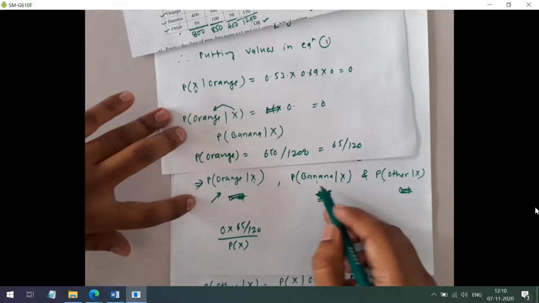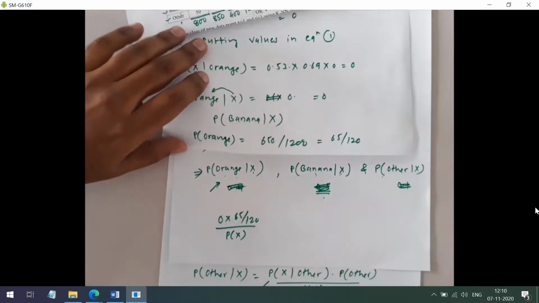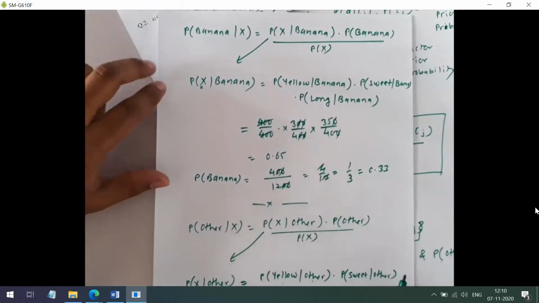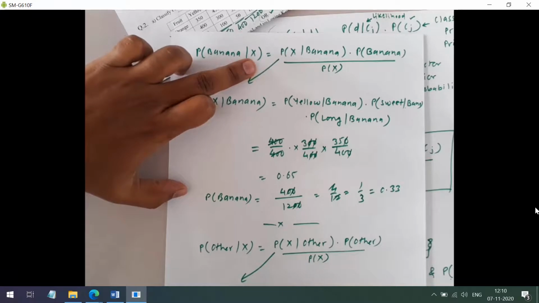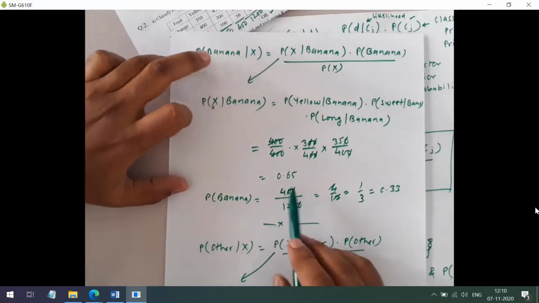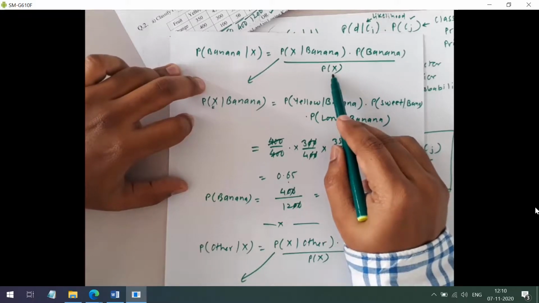Next one is probability of banana given x. Here we have found the value of probability of banana given x. So it is this term into this term divided by p of x.